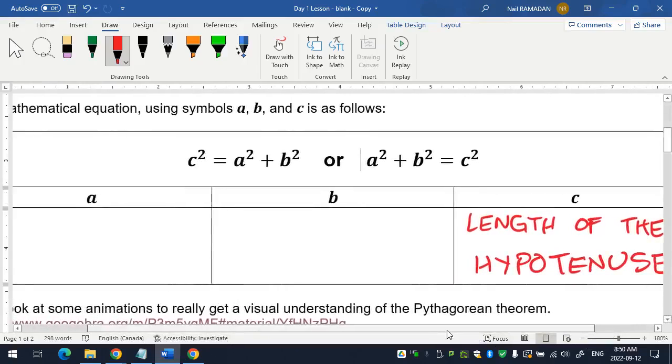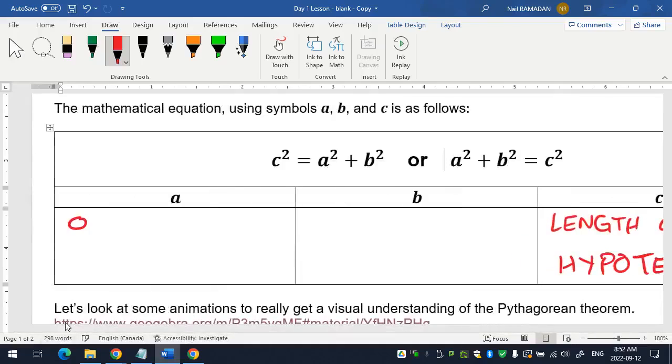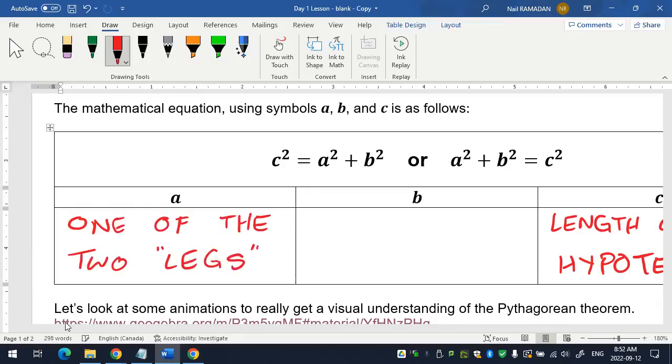So can someone tell me what that leaves A and B to be? If C is the hypotenuse, what do you think A and B must be? Choose A to be one of the sides, which means B has to be the other side. Long, short, it doesn't really matter. So A has to be one of the two legs. I'll put legs in quotation marks because it's the first time we call sides of a shape legs, just to get used to it.